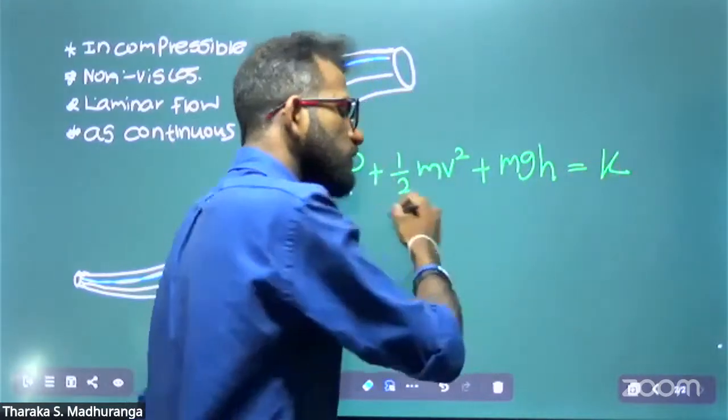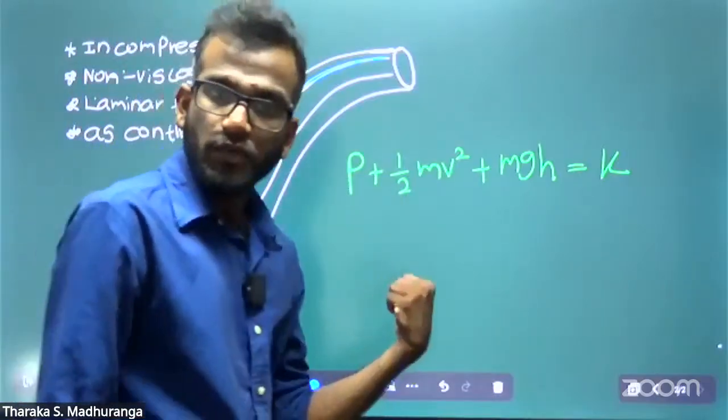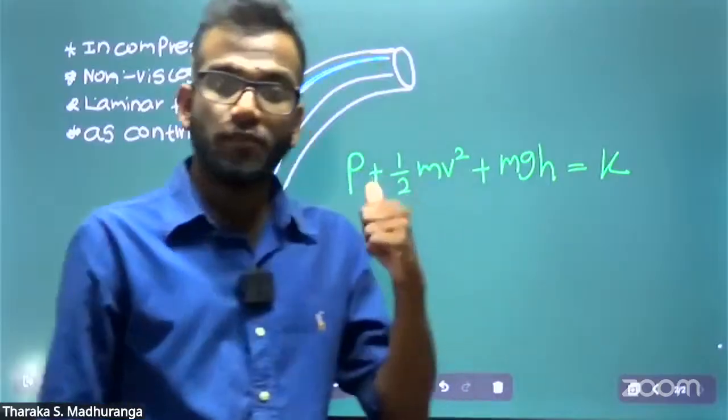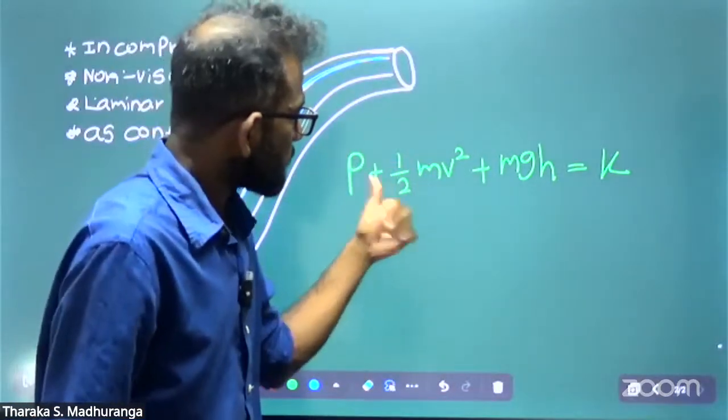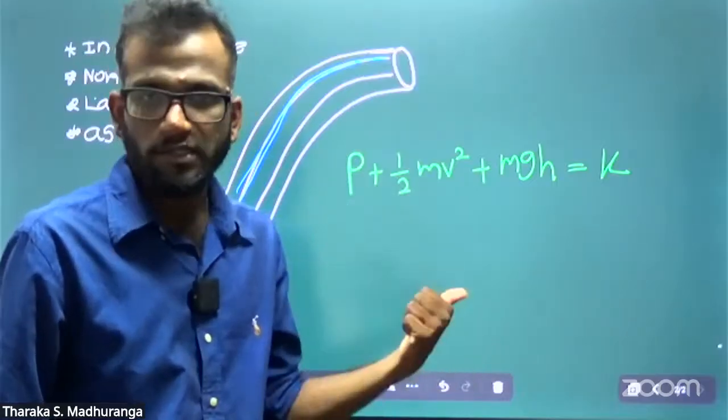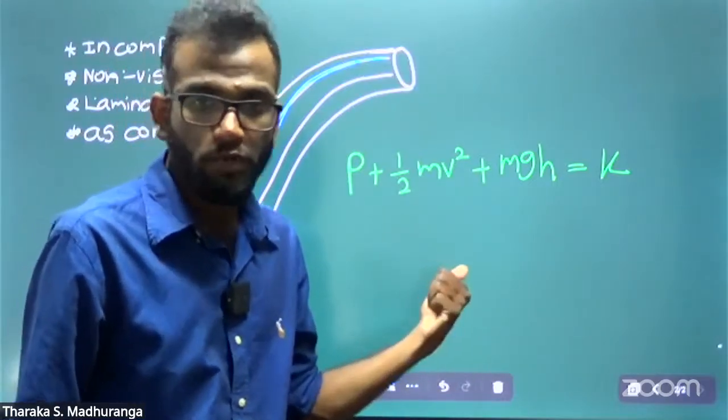That is Bernoulli's theorem, but it is not the actual Bernoulli's theorem. It is basic, but actually it is per unit volume. Sorry, the total energy per unit volume is constant.